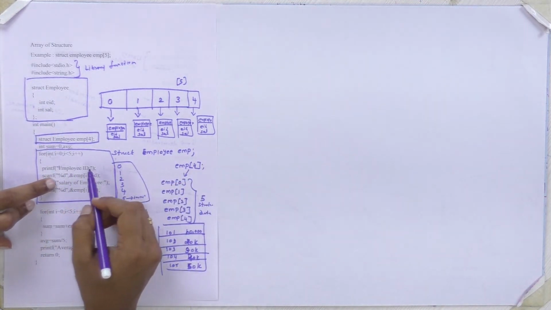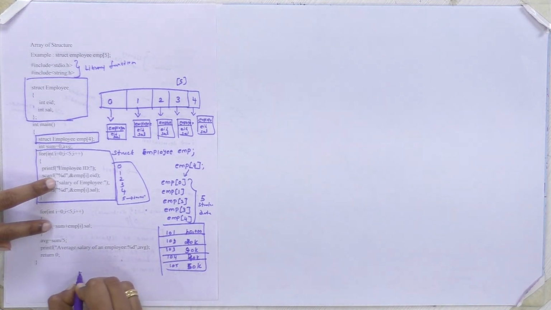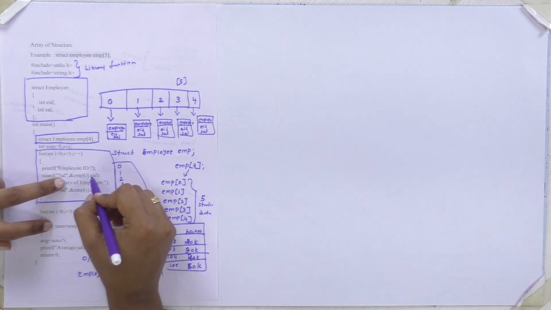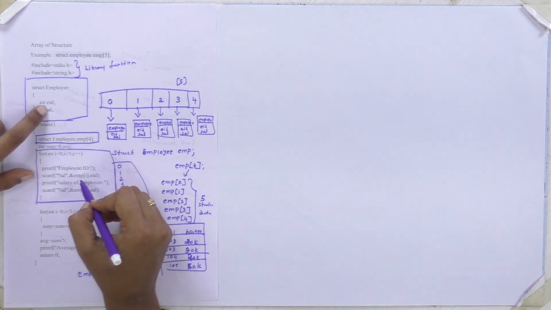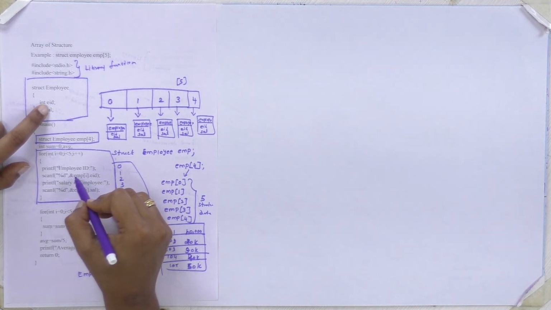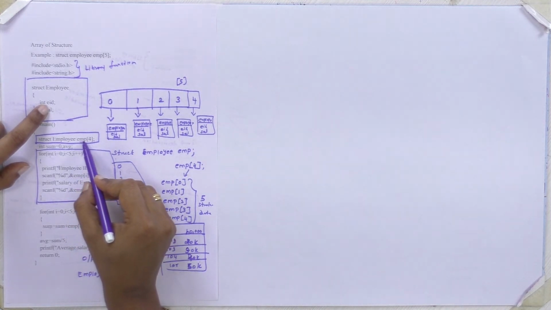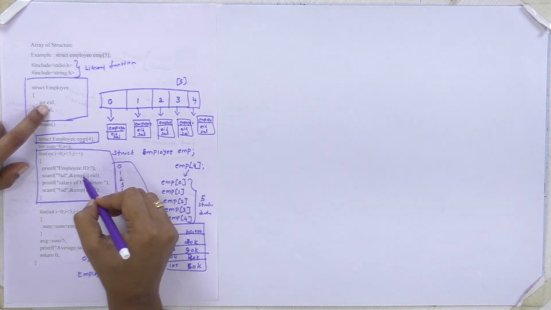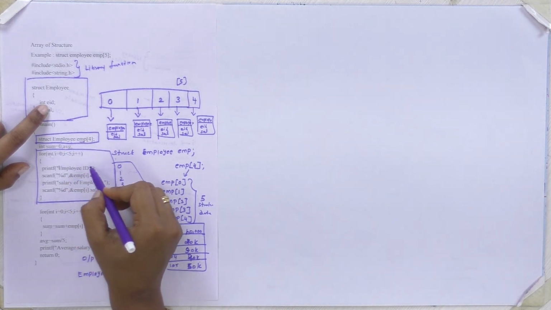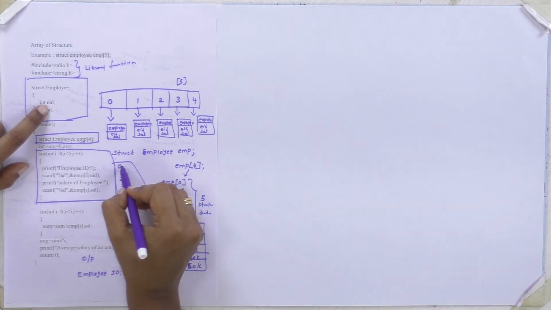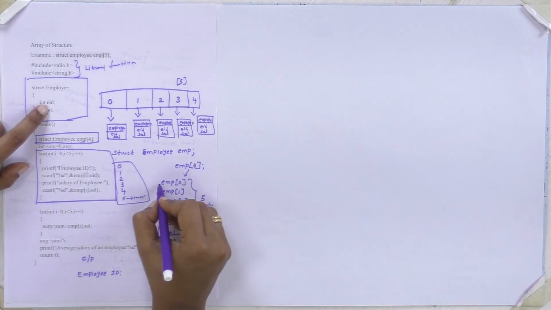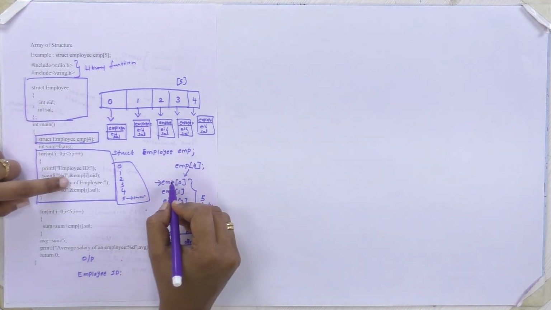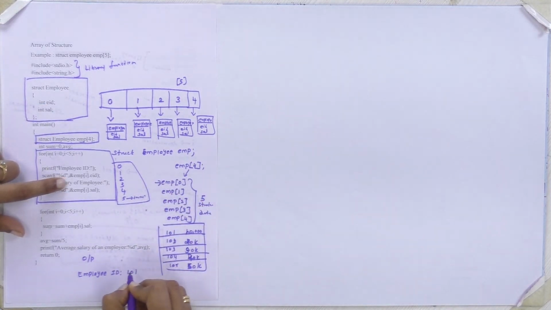So printf employee ID, then scanf. It will ask for the employee ID: scanf %d, ampersand of emp of i. In the first iteration i will be 0, so employee of 0 asks for the ID, 101.